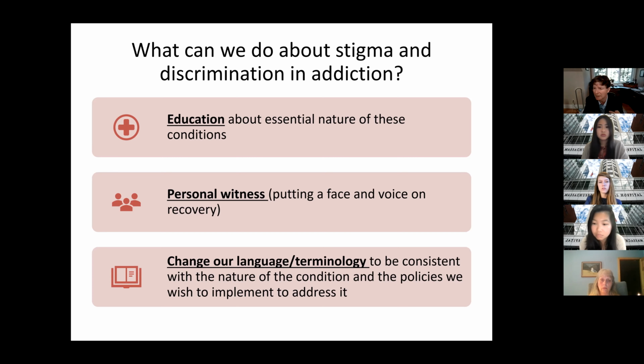Another major way that stigma and discrimination can be reduced is through personal exposure. We are surrounded by tens of millions of people in recovery, and we don't know it. So now there's a big movement, of course, faces and voices, putting a face and a voice on recovery, to speak out.